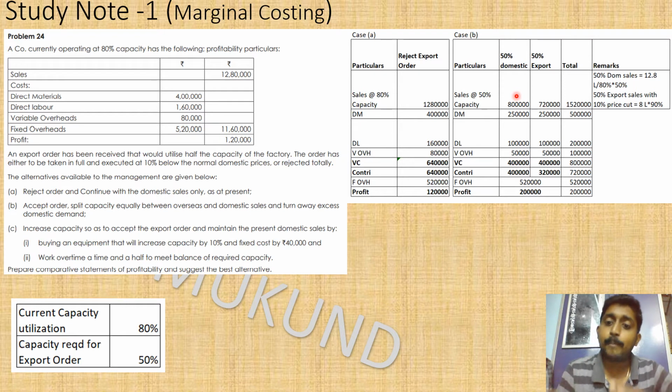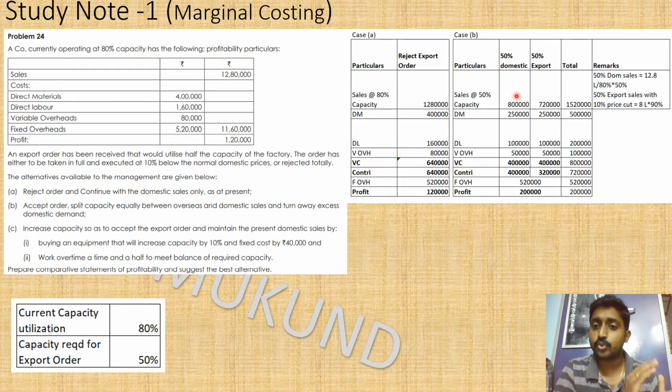So 8 lakhs minus 80,000 is 7.2 lakhs, which will be the sales. But you are using the same materials, so the material cost will not change, it is 2.5 lakhs. Direct labor and variable overheads will also not change. So the total variable cost will not change, but sales has gone down, so the contribution has gone down.